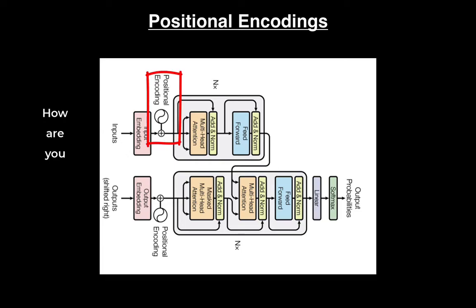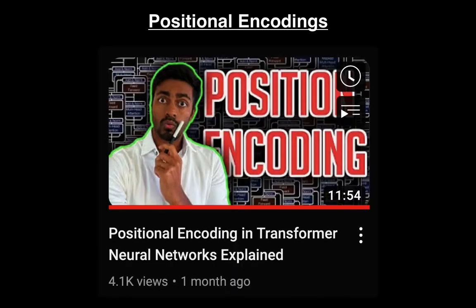In the main paper, they are not learnable parameters, but they can be configured to be learnable parameters if need be. There is no evidence at the time of making this video to suggest that using learnable parameters is better than just using the sine and cosine functions to generate positional embeddings. I have more information on this in another video on positional encodings with code.